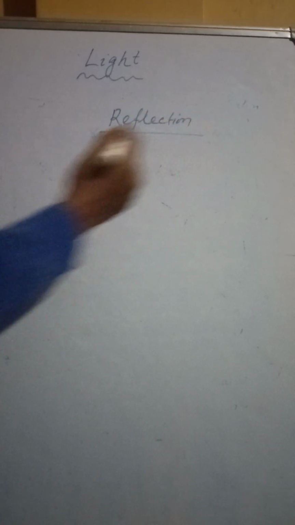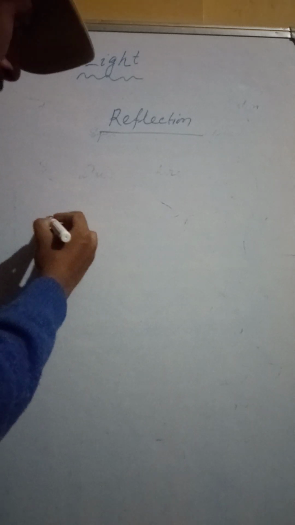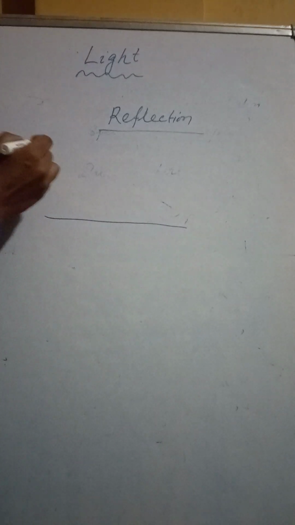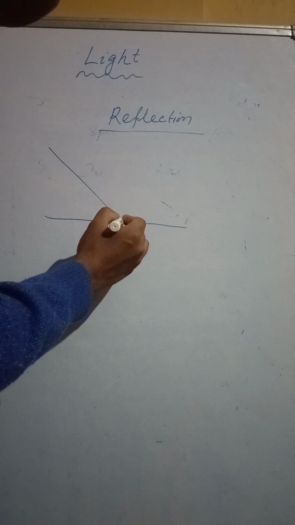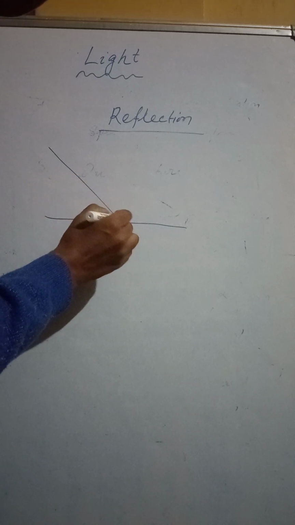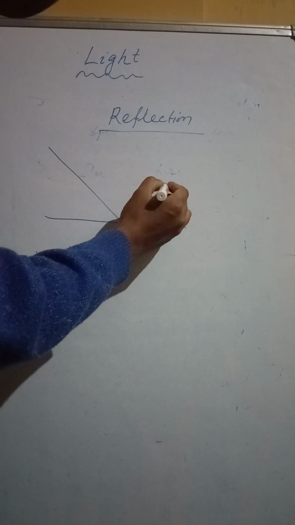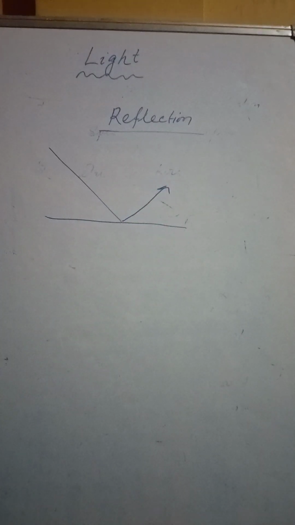So reflection of light. When light falls on a surface and is sent back by that surface, this is called reflection. Suppose this is a surface. A light falls on the surface, and after falling on this surface, it bounces back in this direction.